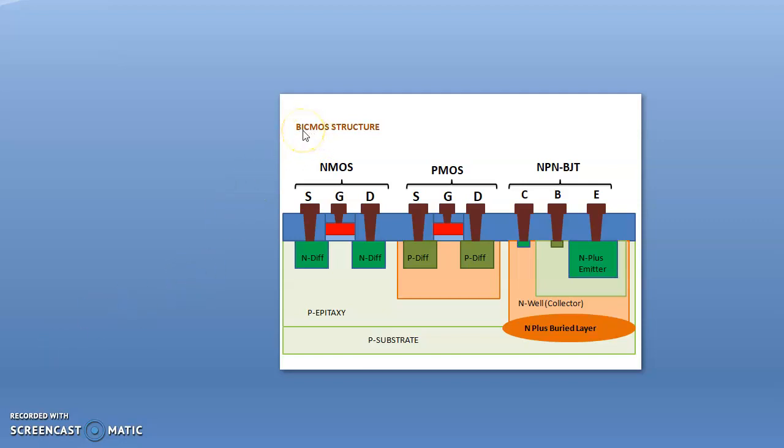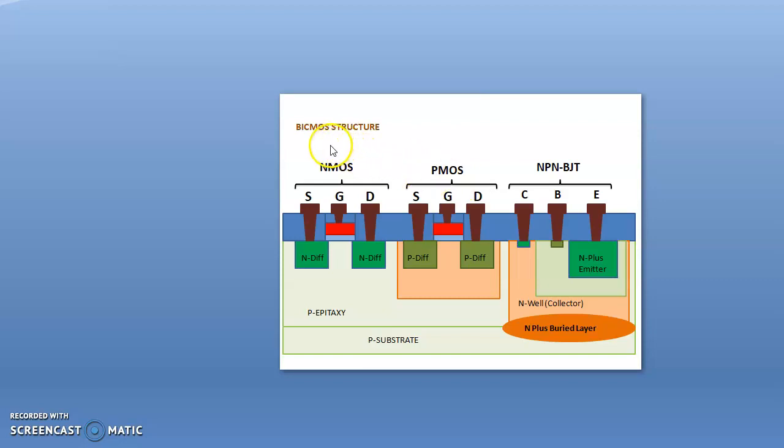So this is BiCMOS. Bi stands for bipolar junction transistor and CMOS is complementary metal oxide semiconductor field effect transistor. So this BiCMOS contains both BJT as well as CMOS. In the CMOS we have NMOS as well as PMOS.